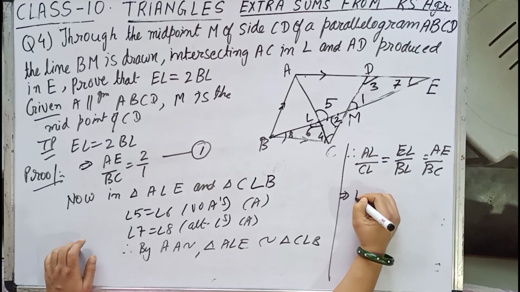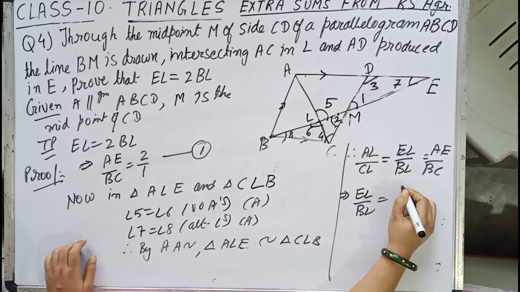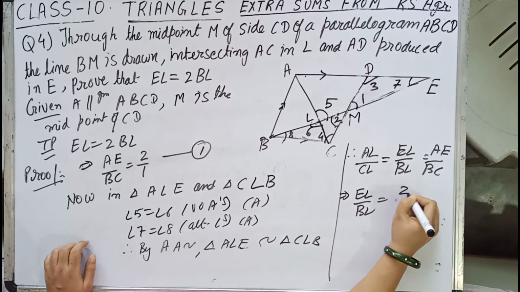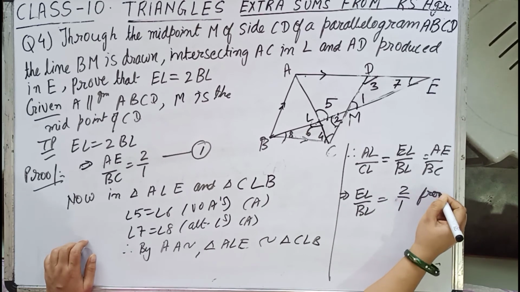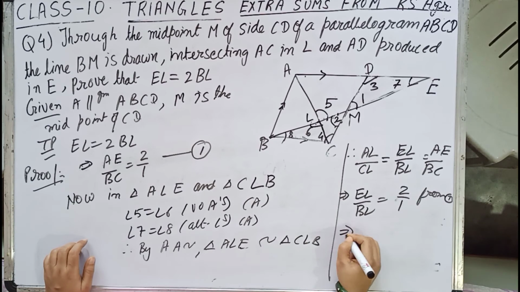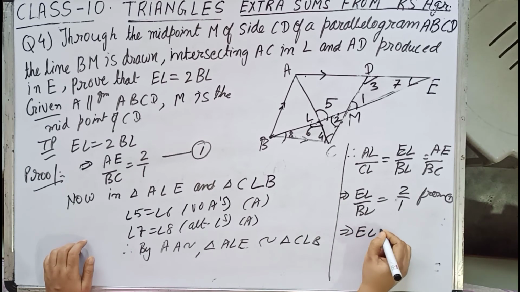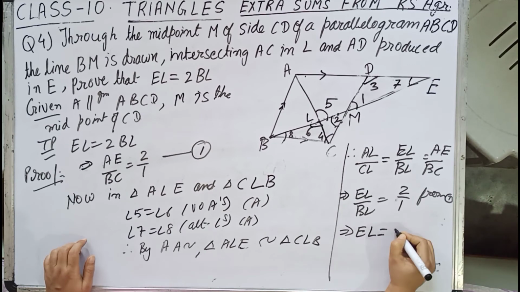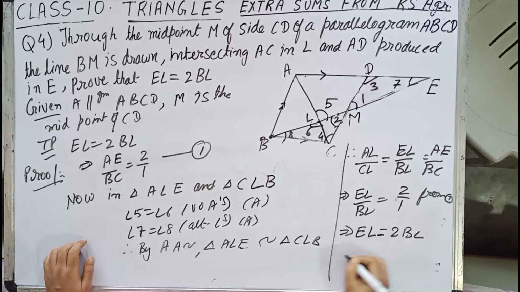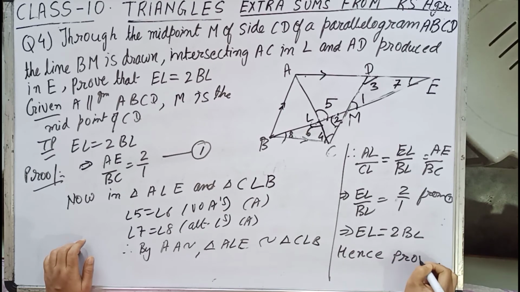Now this implies EL by BL equals 2 by 1 from equation 1. This implies EL equals twice BL. And the last thing we write: hence proved.